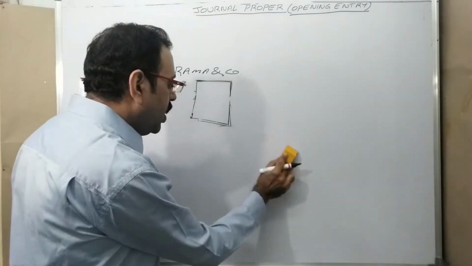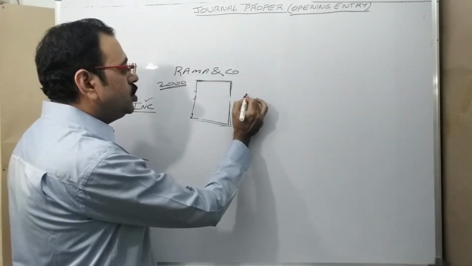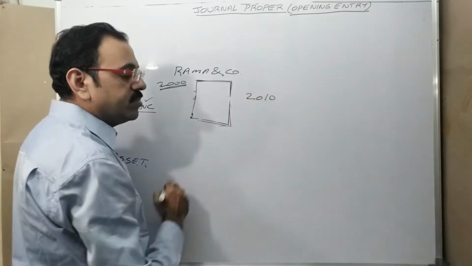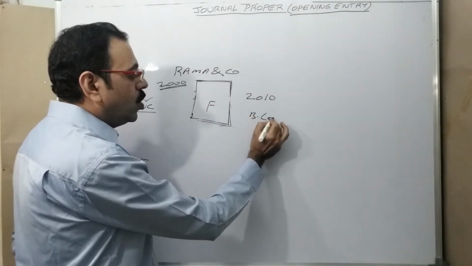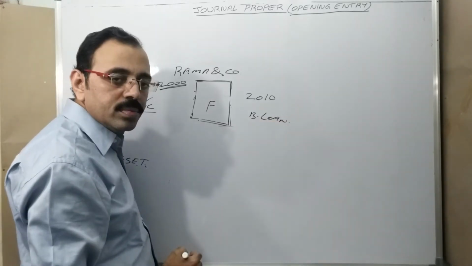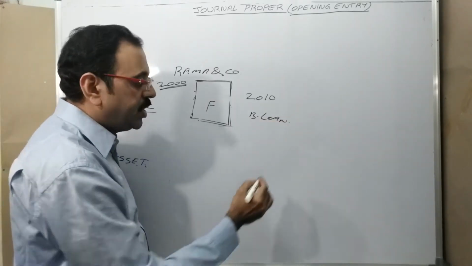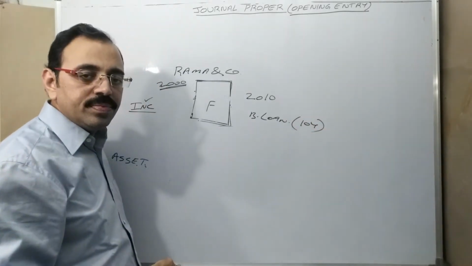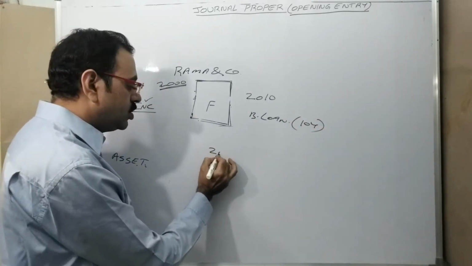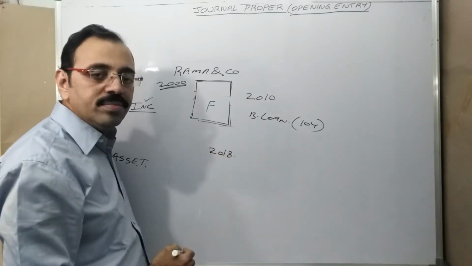Similarly, assume that in 2010 year, this firm took a bank loan. For how much period? For 10 years period. Our current year is 2018.